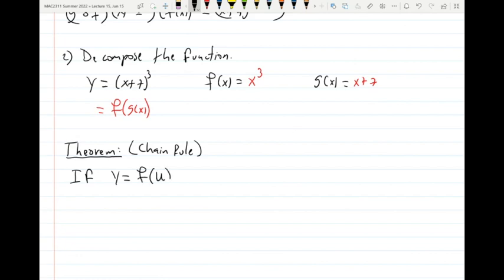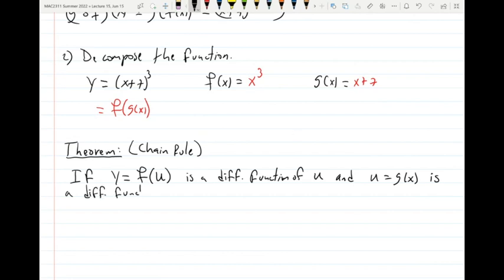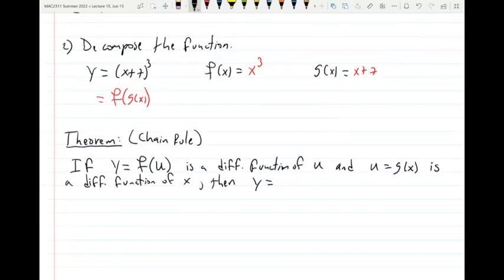So if y equals f of u is a differentiable function of the variable u, and if u itself turns out to also be a function, u equals g of x, a differentiable function of x, okay, then y, which is f of u, can also be considered as a function of x, right?